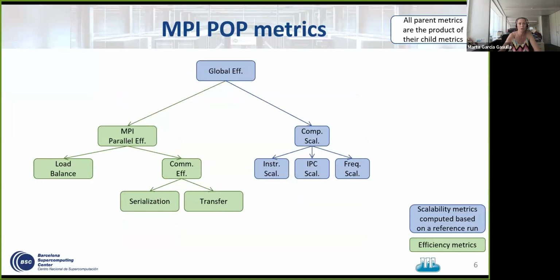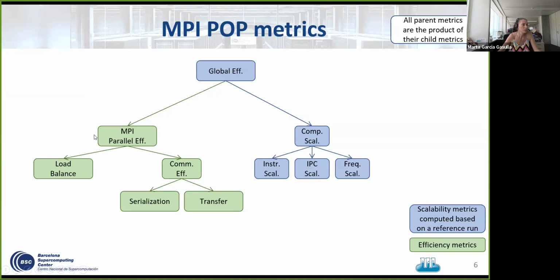That is why I'm going to spend several slides talking about which metrics we are capturing, what they mean, and how we compute them. This is the original set of MPI POP metrics that were originally defined by the POP Center of Excellence. It's a hierarchy of metrics.